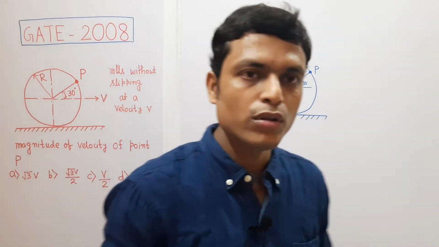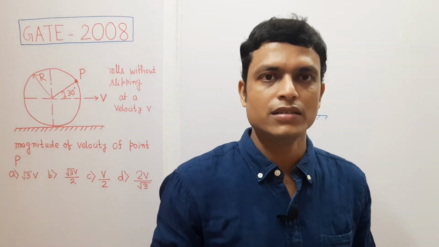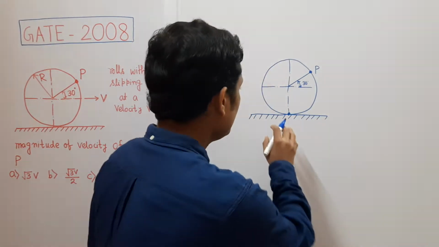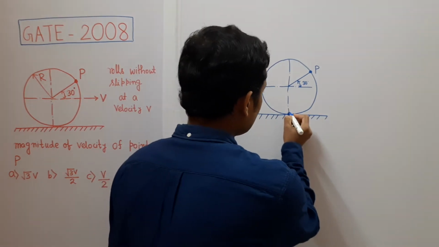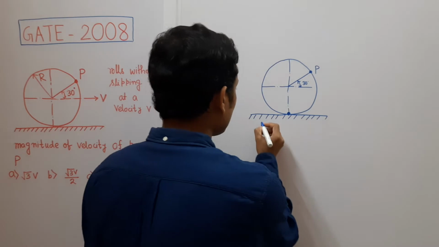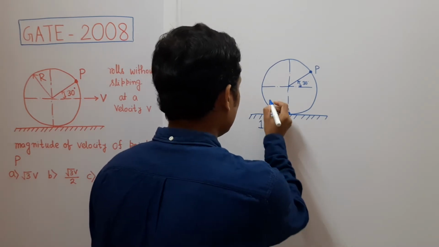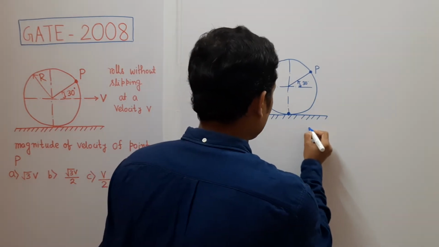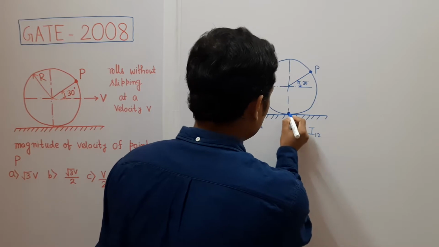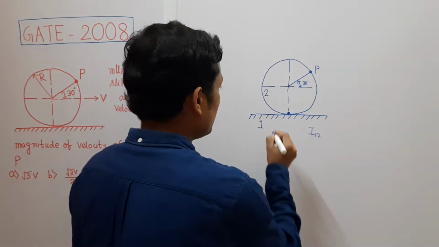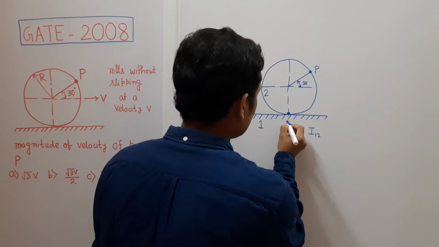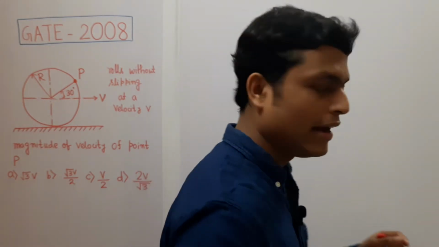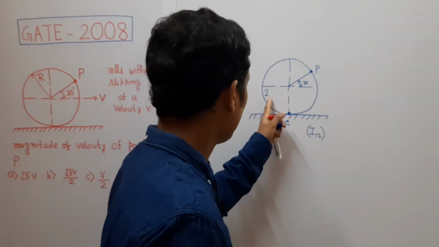As the disk rolls without slipping on the surface, the relative instantaneous center between the surface and the disk is the point of contact. Let us consider the surface is denoted by 1 and the disk is denoted by 2. So I12 lies at the point of contact. Let us call the point of contact C.